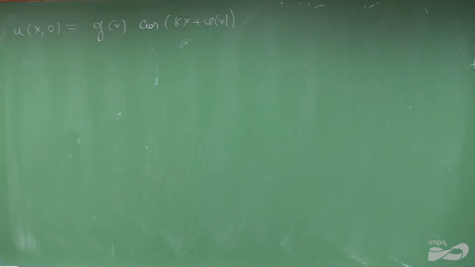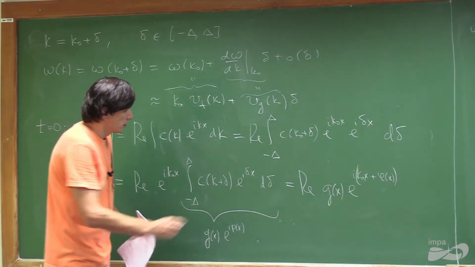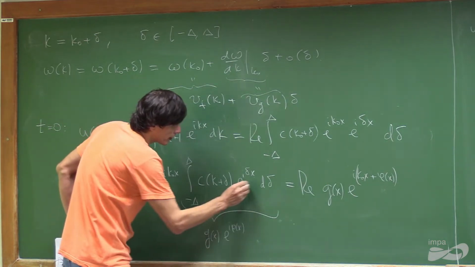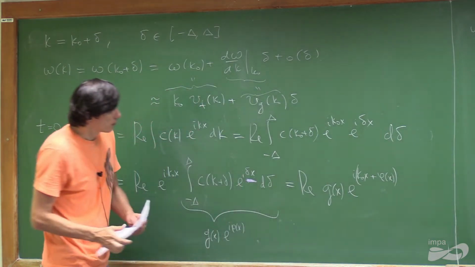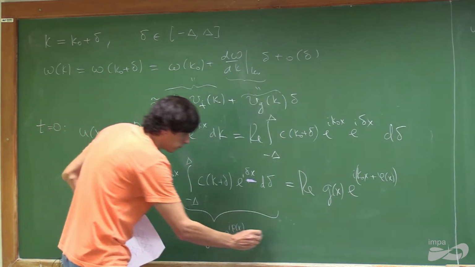What we should say is that when we defined g of x, the x in this function only enters multiplied by delta. So these functions will be slow.